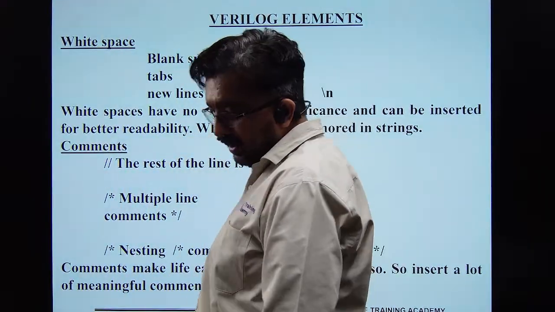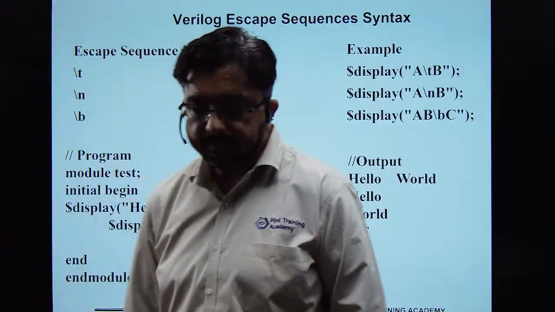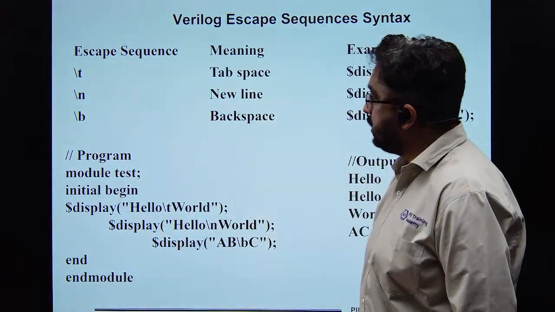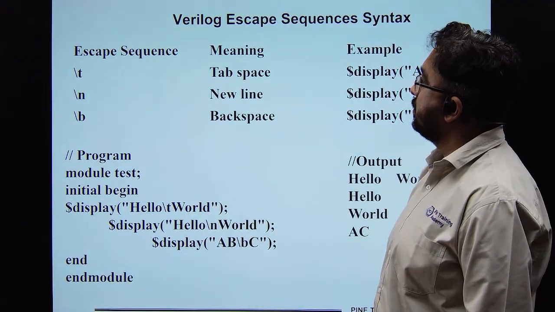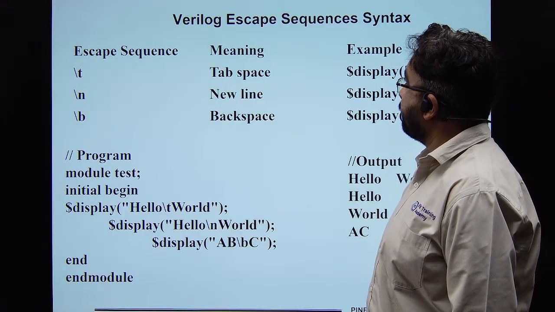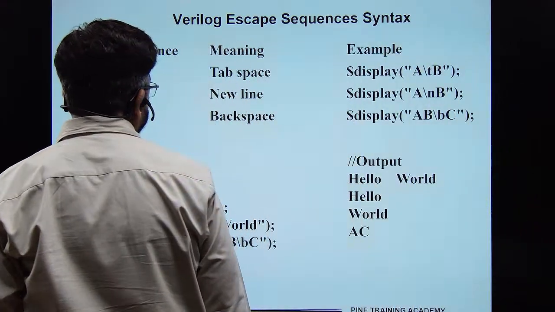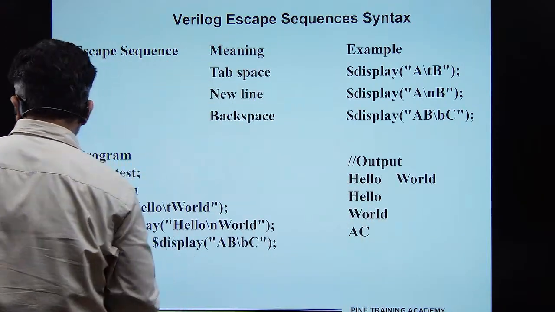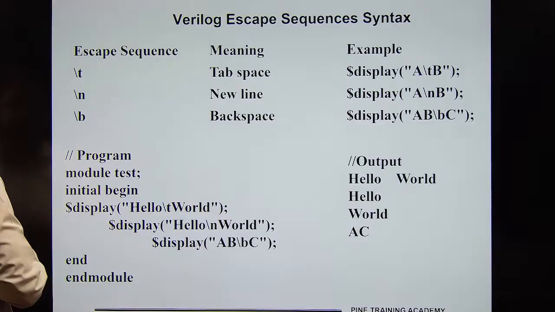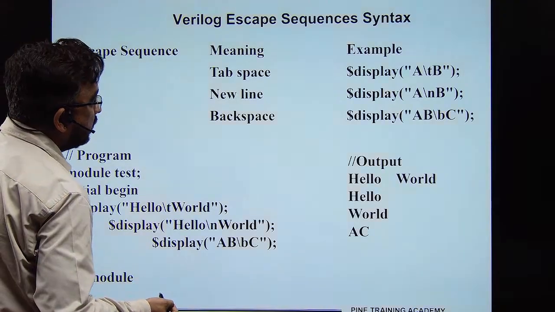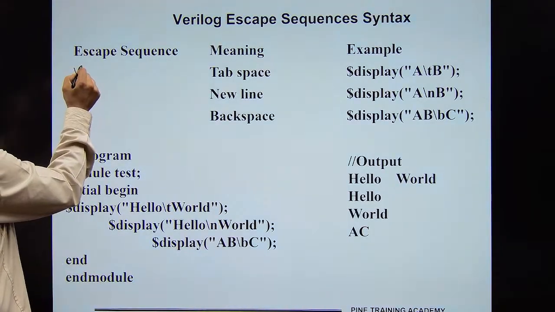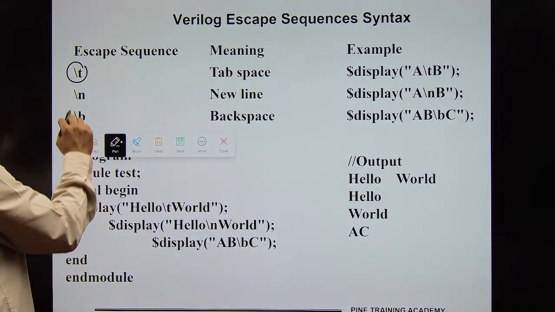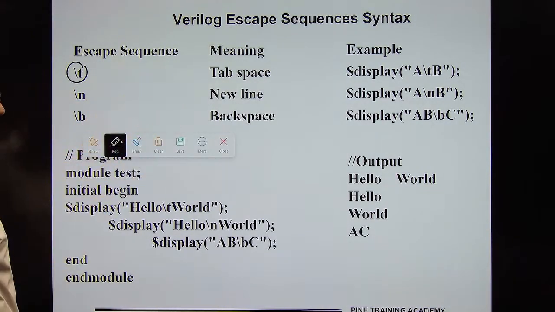Let's take some example. I'm sharing some example with you. Verilog escape sequence syntax: \t. How will you use this \t and where?